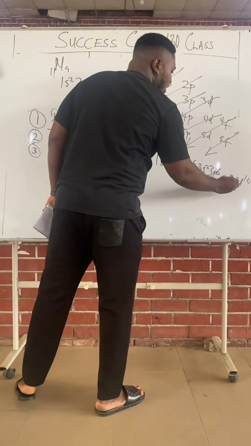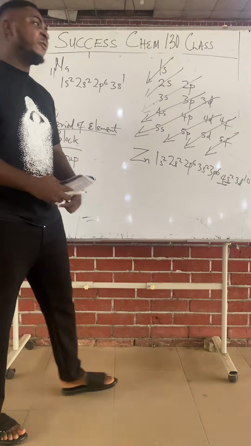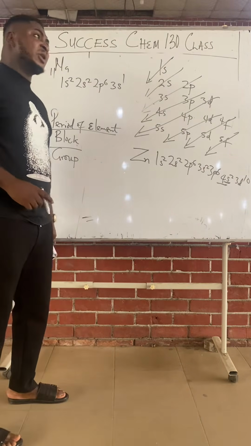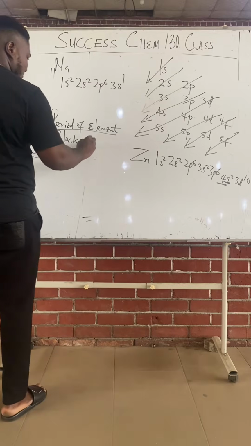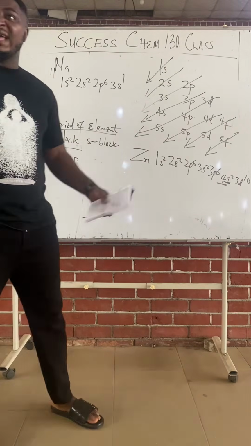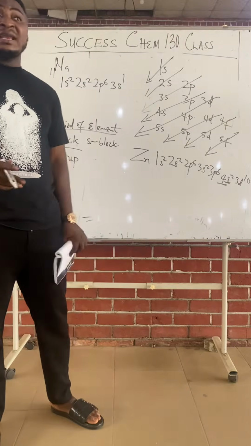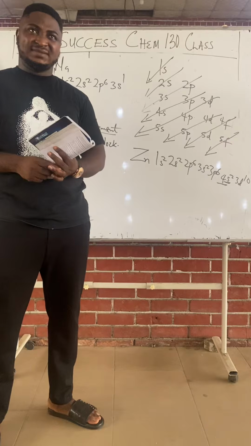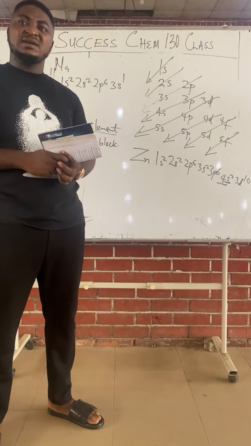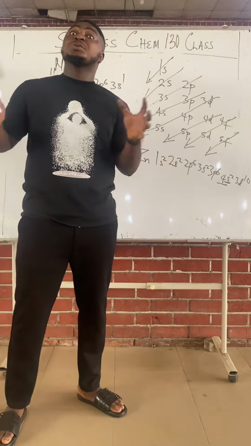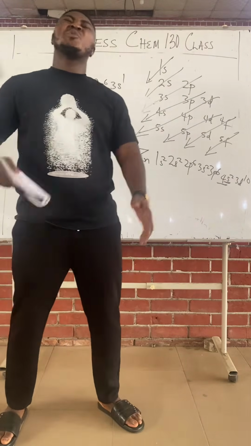The block that this 4 is carrying is the block it belongs to. Because class, your periodic table is divided into 4 blocks: S block elements, P block elements, D block elements, and F block. Your periodic table is divided into groups and periods, and also divided into blocks.